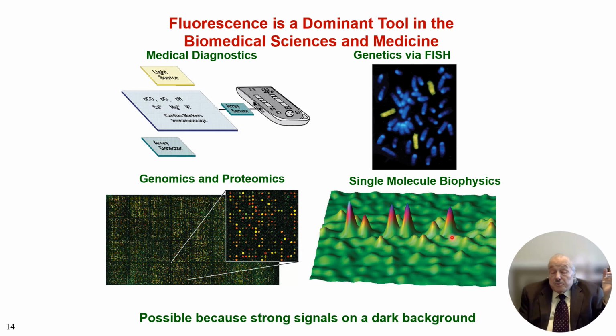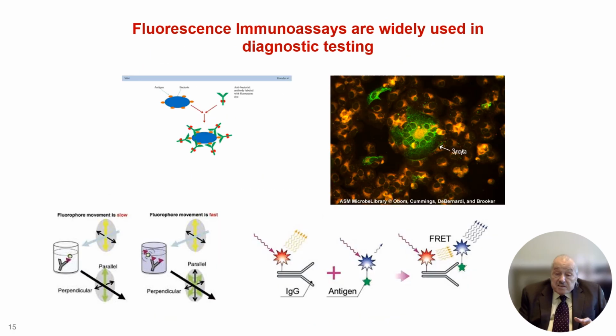And then, of course, we'll talk about single molecule detection, because this tells us a great deal that we could never see from a molecule by looking at its ensemble emission, meaning the emission from thousands or millions of molecules. All of this is possible because we have strong signals.